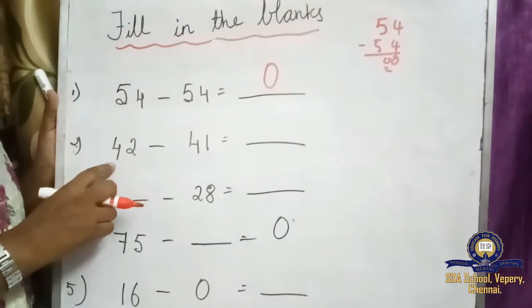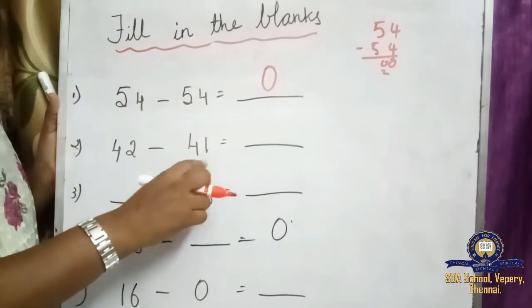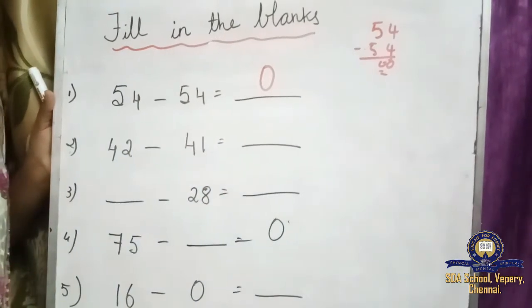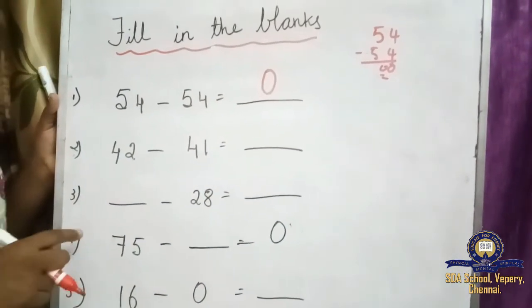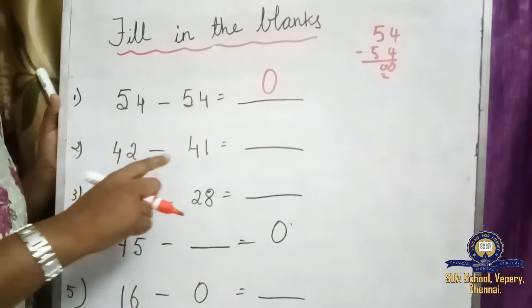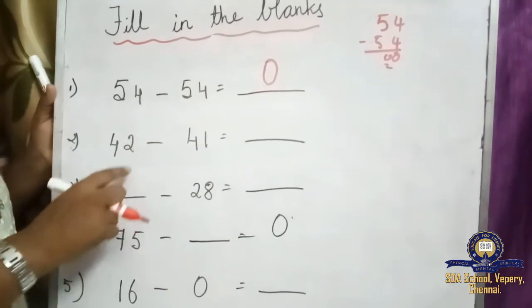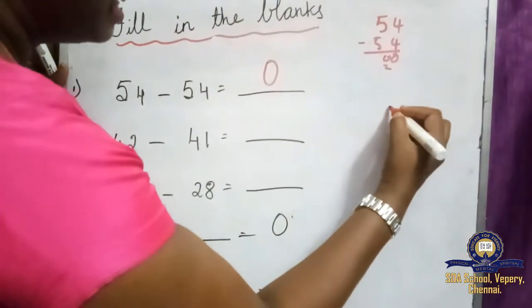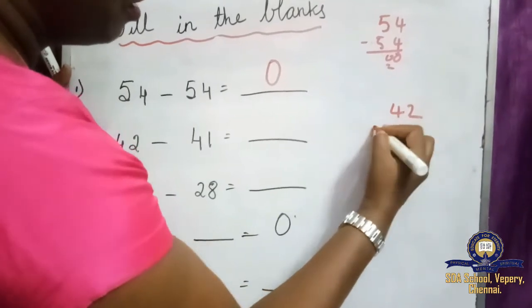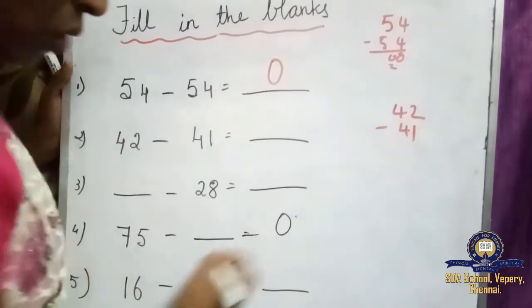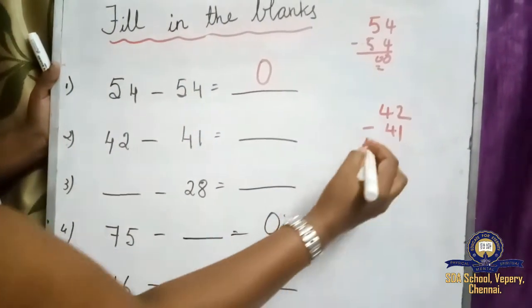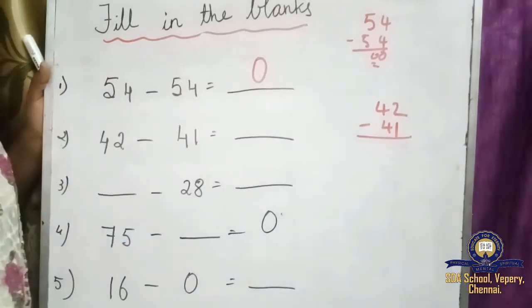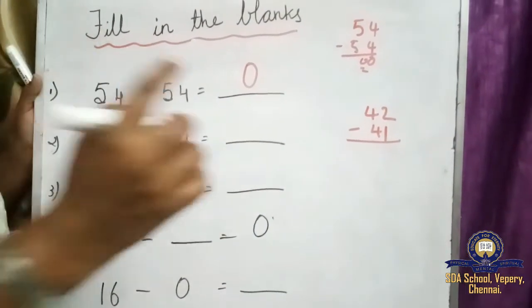Next, 42 minus 41. This I said, when the difference is only 1. Let's see here. 42 minus 41, what do you get? 2 minus 1 is how much? 1.